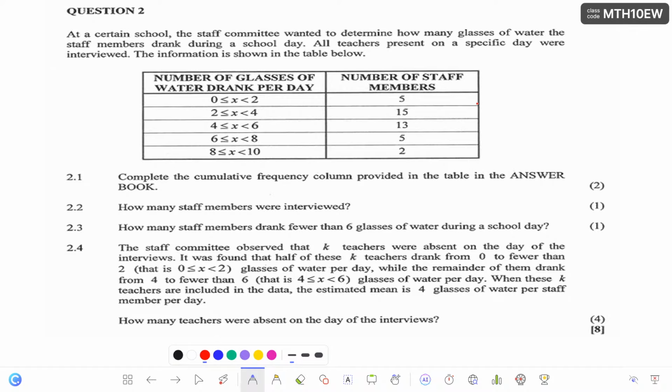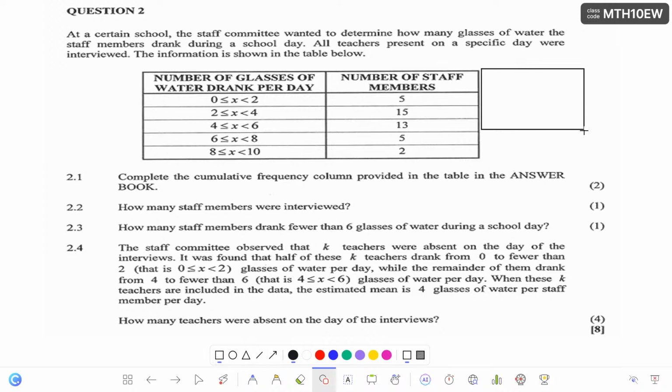So okay, since I don't have an answer book, let me just create a column here. So here's my column.